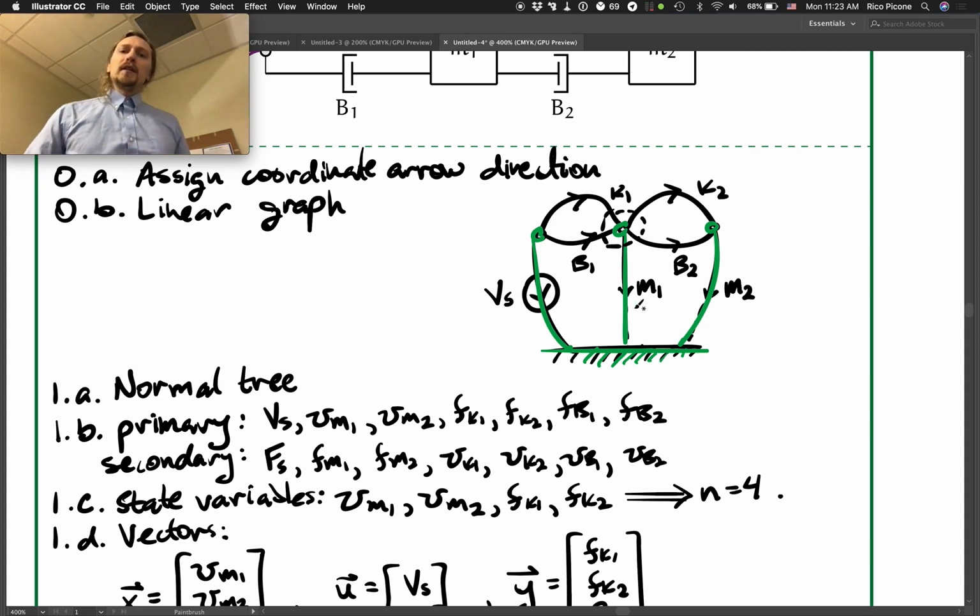So let's write the continuity equation. So all of the force that leaves this contour in FM1 has to be equal to all the force going into the contour, right? Because FM1 is leaving, so everything going in has to be equal to it. So we're going to say FM1 is equal to FK1 plus FB1 minus, because it's leaving, FK2 minus FB2.